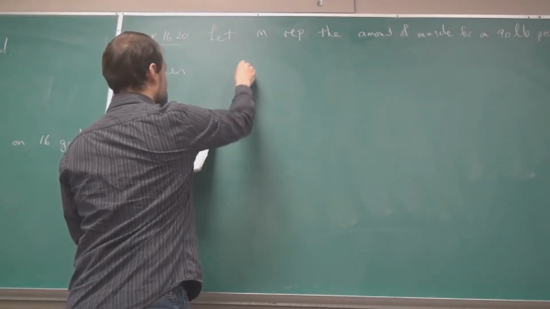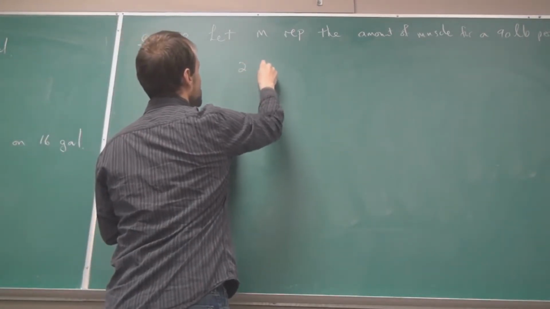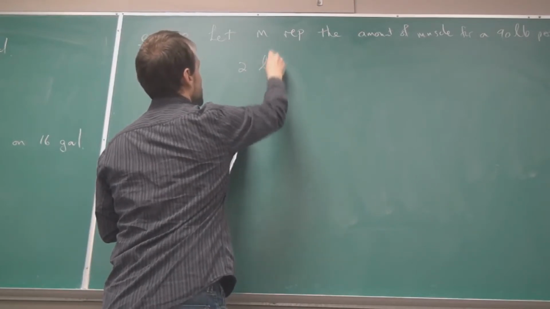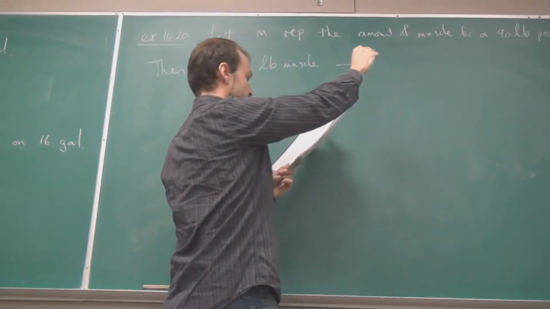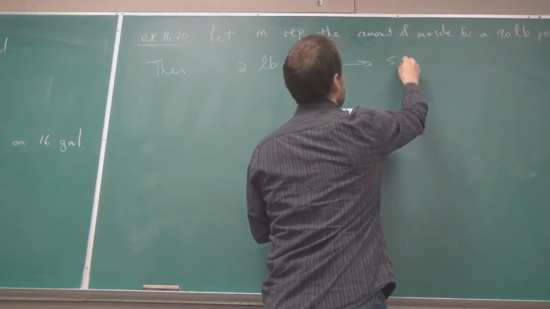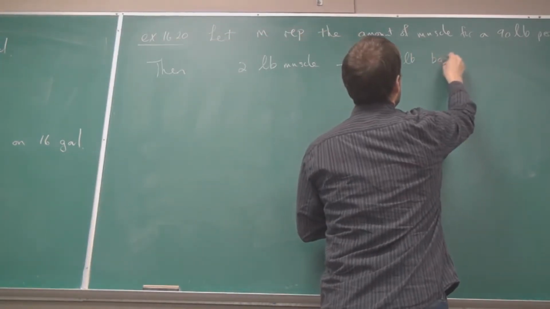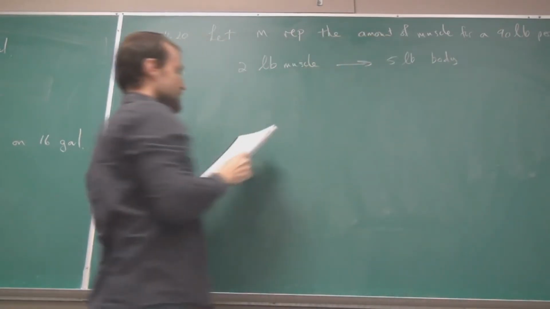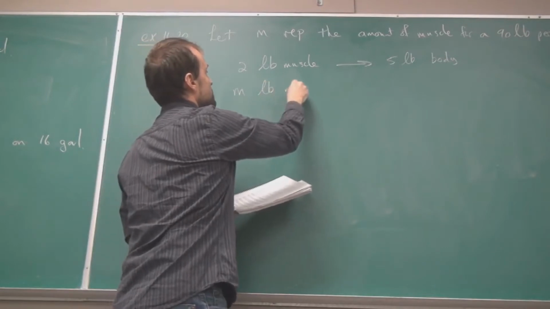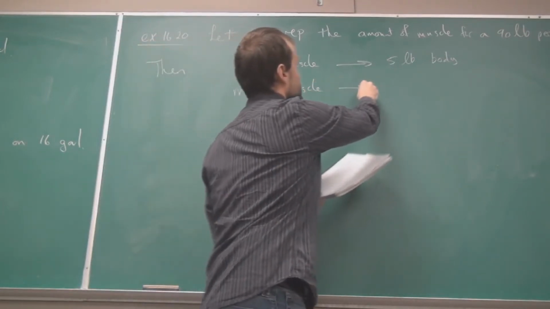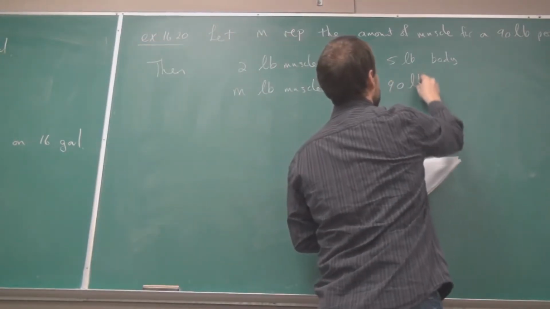First of all, I say 2 pounds of muscle, let's write it out, correspond to 5 pounds of body weight. M pounds of muscle correspond to 90 pounds of body weight.